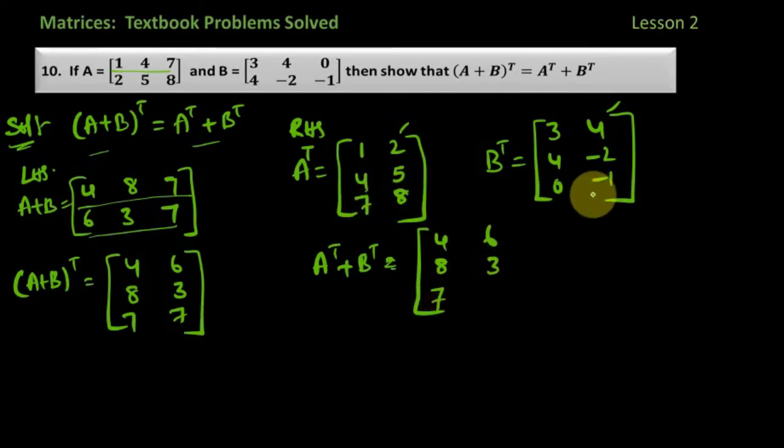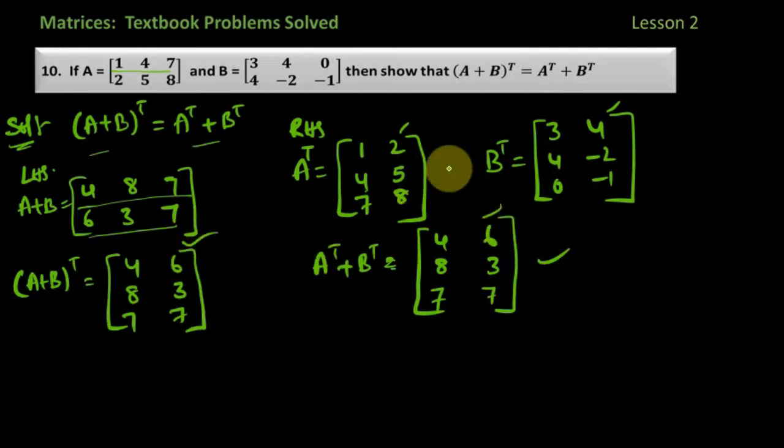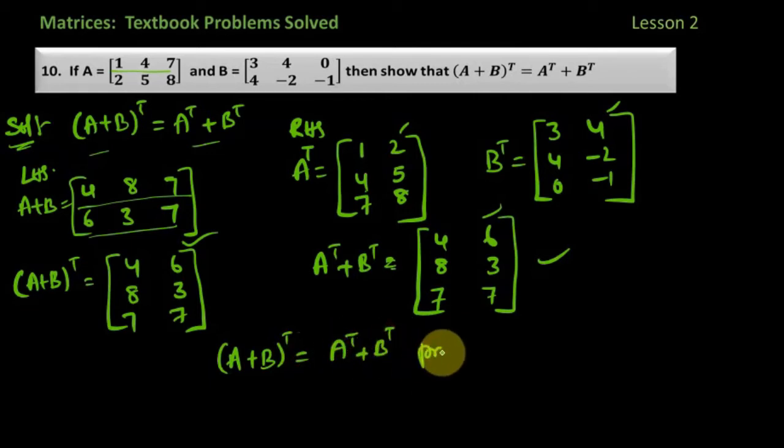So 8 minus 1 is 7. Right? So this is my RHS. See, if you observe, I got the same values. Right? So therefore, A plus B whole transpose is equal to A transpose plus B transpose is proved. Okay? We have proved this.